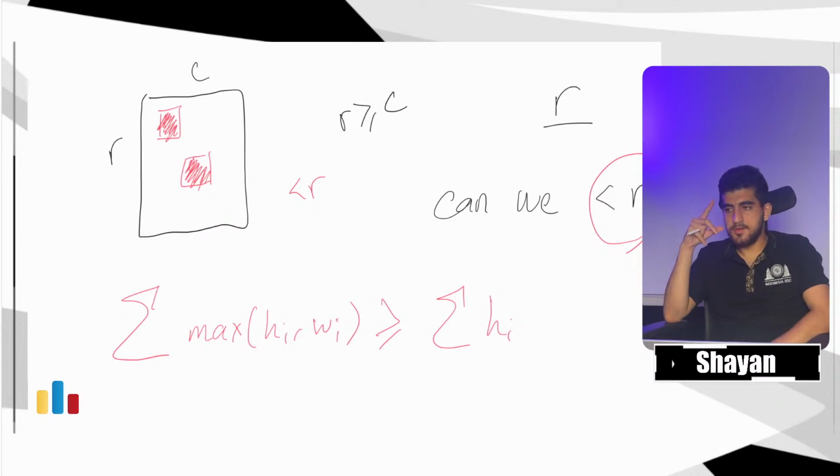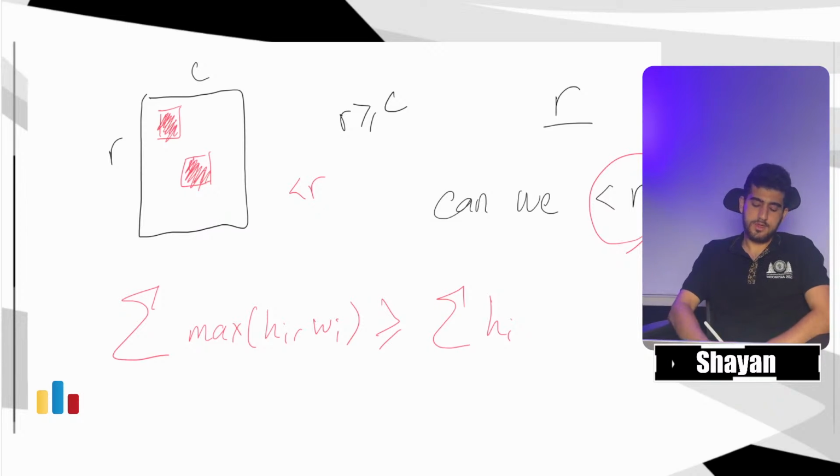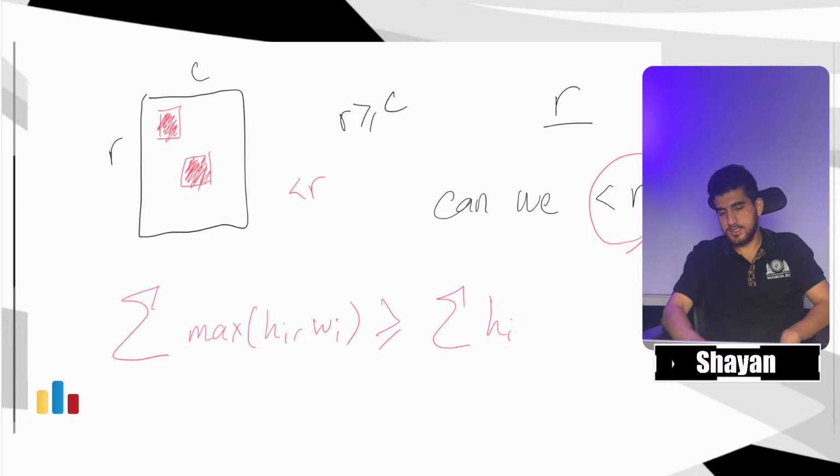If the sum of their heights is greater than or equal to r, the sum of their cost is also greater than or equal to r, so the cost cannot be less than r.